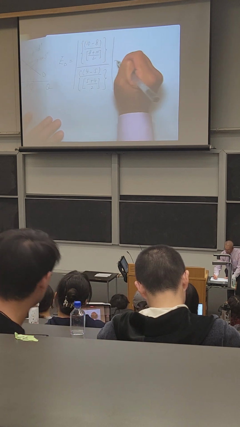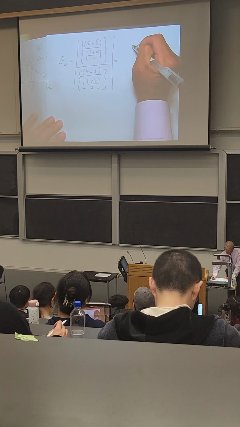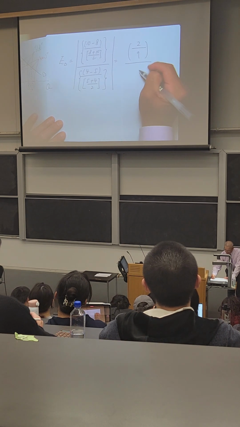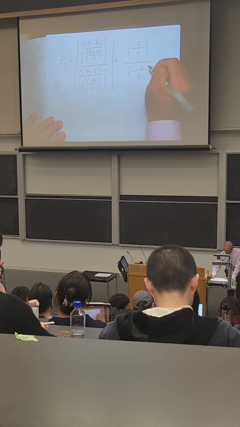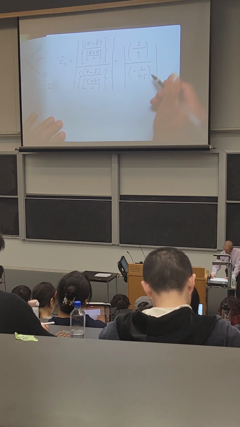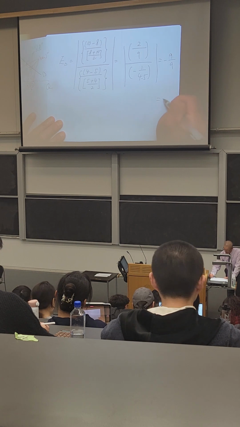So that equals 2 over 9, divided by minus 1 over 4.5, which is negative 9 over 9, equals minus 1.